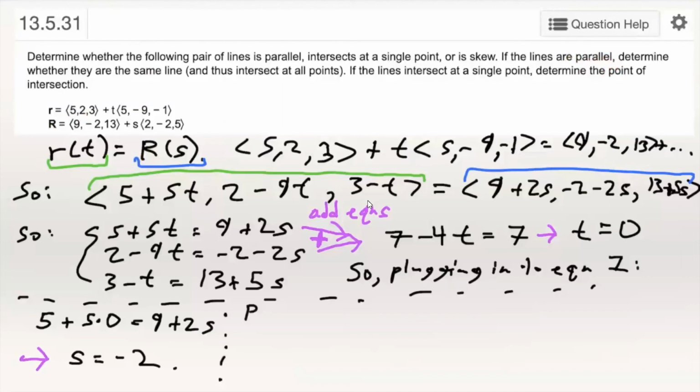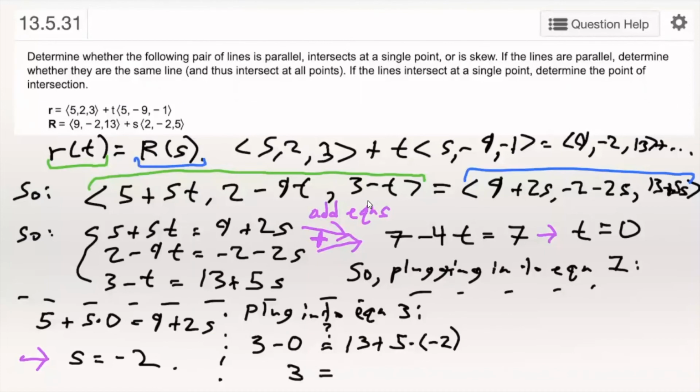So now let's plug these into equation 3. And we have 3 minus 0 is 13 plus 5 times -2. We're asking, is that true, really?